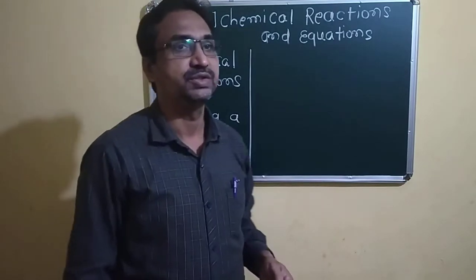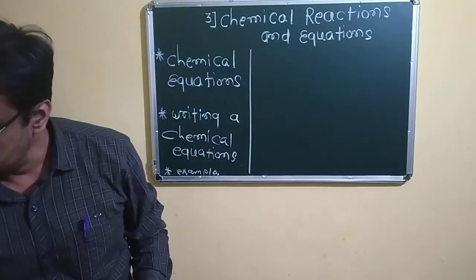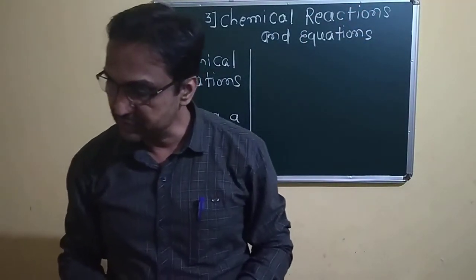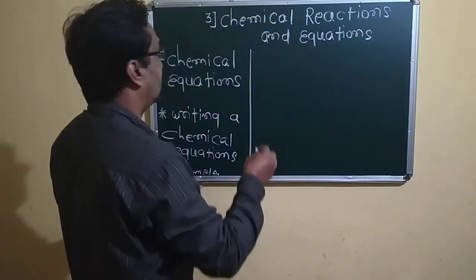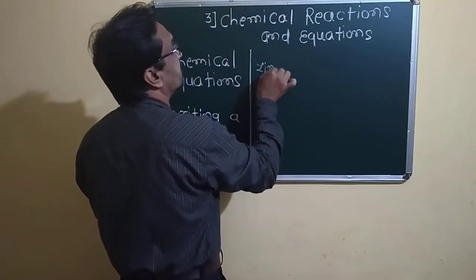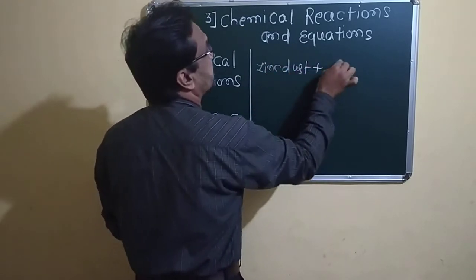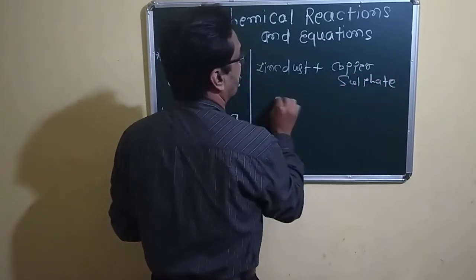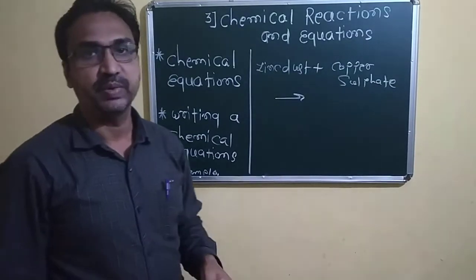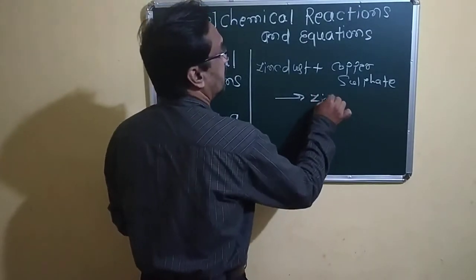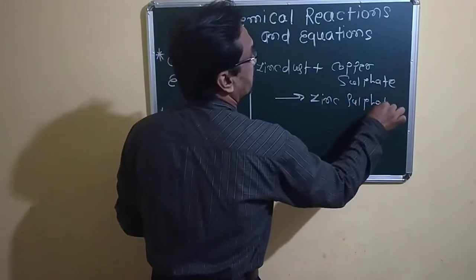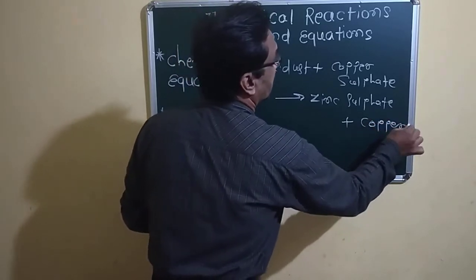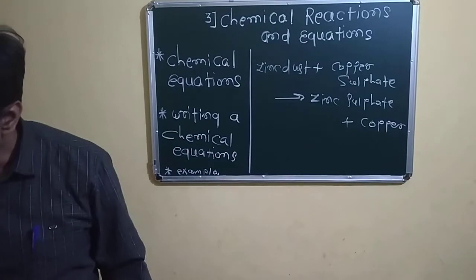Before the chemical equations, one of the activities we have given uses copper sulfate solution and zinc dust. After the reaction, what you find is zinc sulfate and copper.